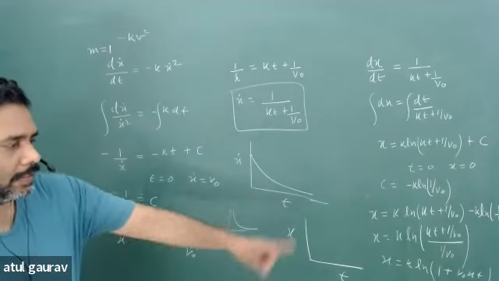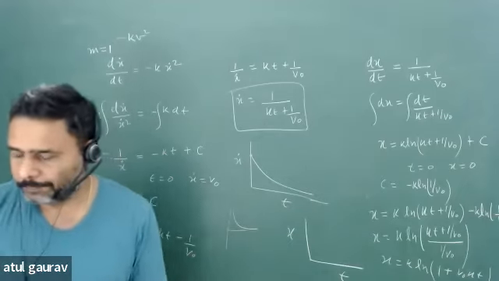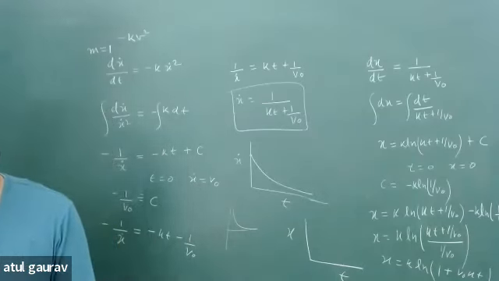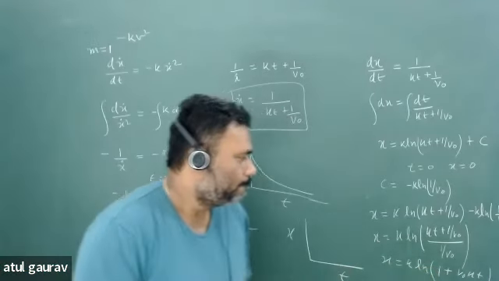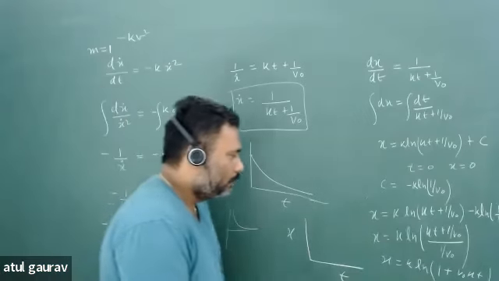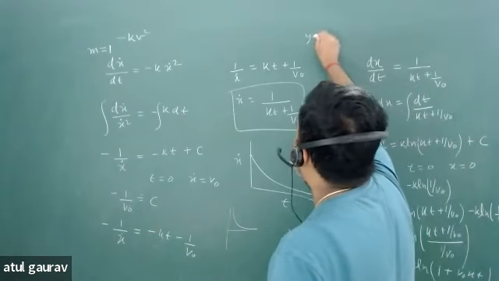And what will happen as t increases? Which type of plot is there? Logarithmic plot, isn't it? Yes, sir. Right? So how will the plot look? What kind of plot is y is equal to ln x?